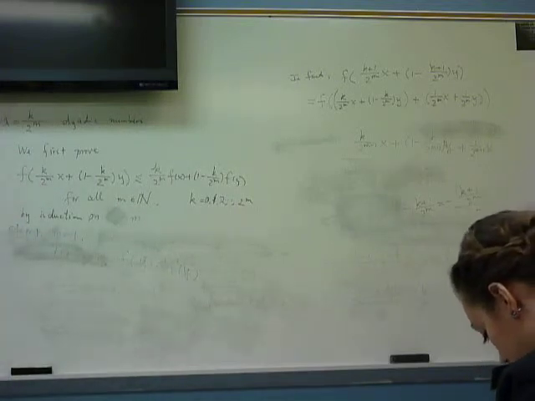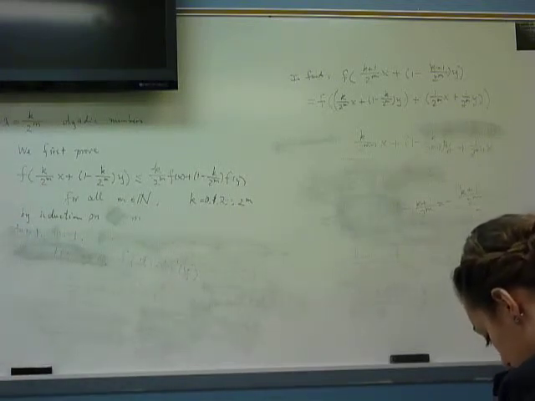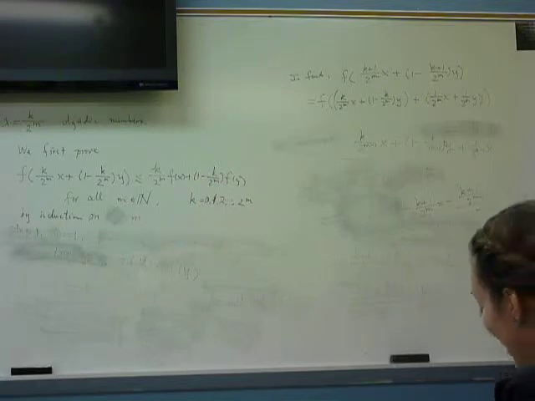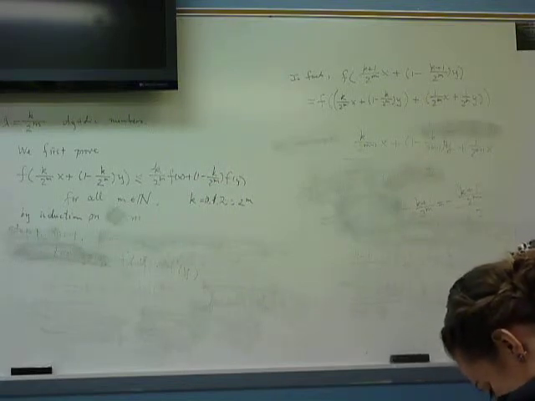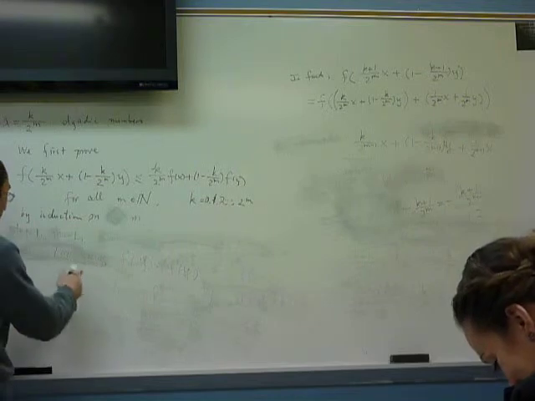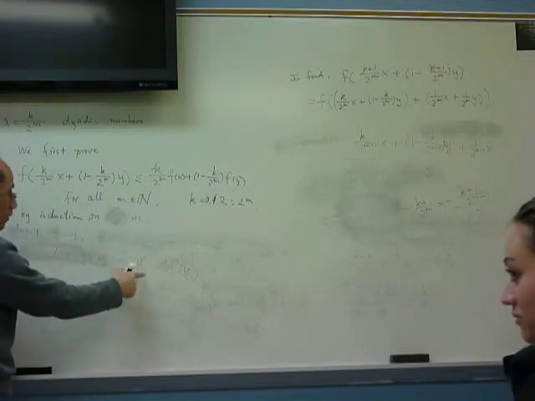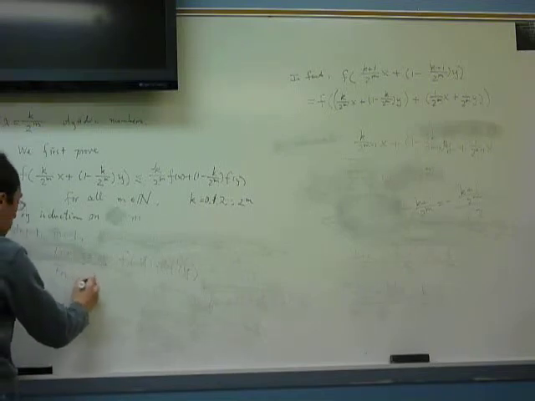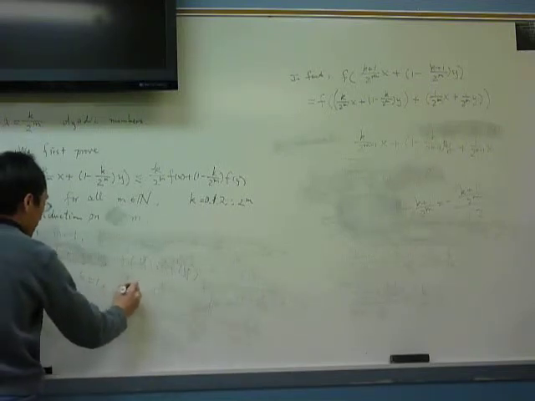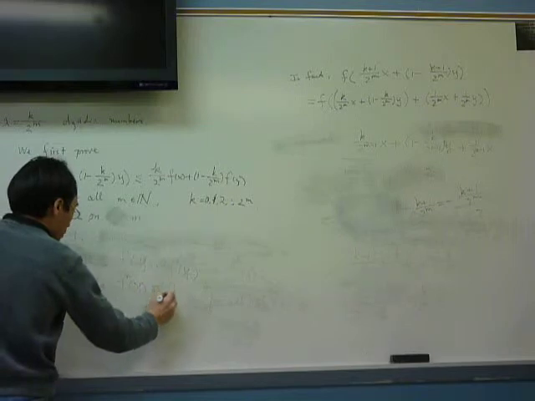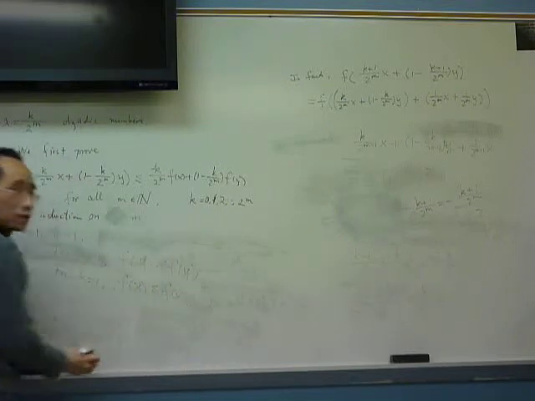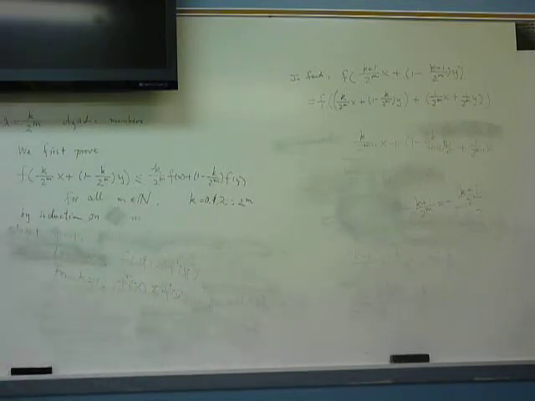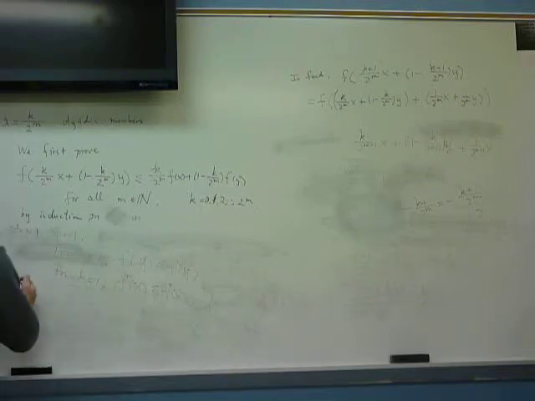Just use the old traditional blackboard. Is that so difficult? For K equals 0, this is f of y less than or equal to f of y, right? For K equals 1, this just becomes f of x less than or equal to f of x. This is trivial, right? That's trivial.